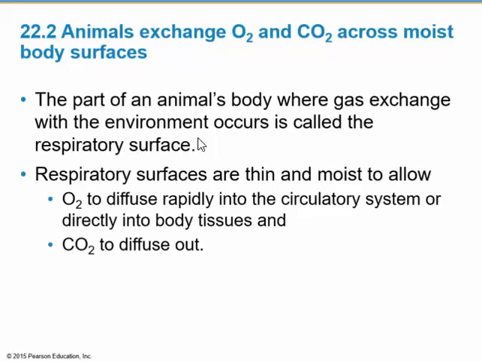That allows oxygen to diffuse across easily enough and carbon dioxide to do the same. So oxygen can diffuse rapidly into the circulatory system or into cells. And carbon dioxide diffuses out at the same rate.